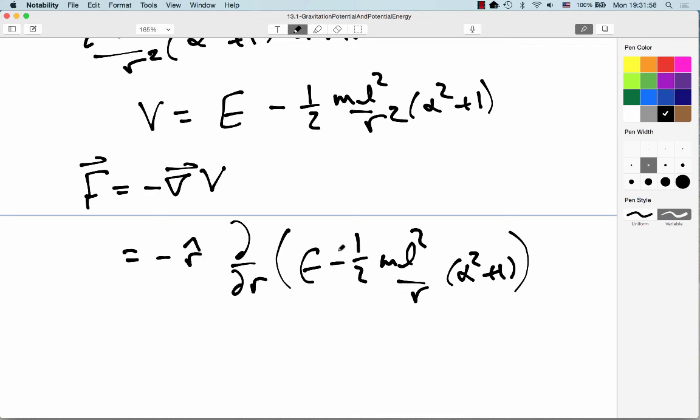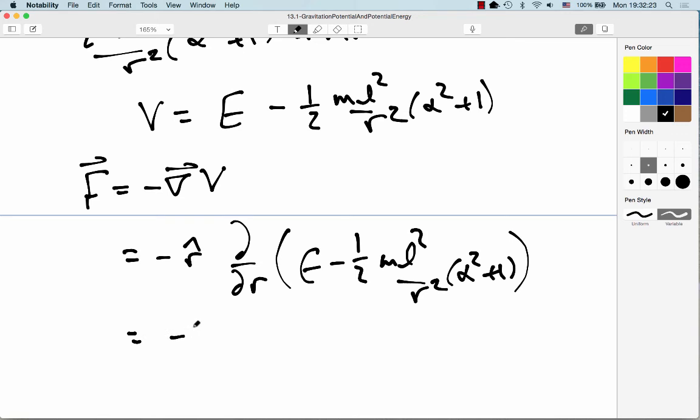Minus minus is a plus, but don't get too excited because this will become minus 2, r to the negative 3.